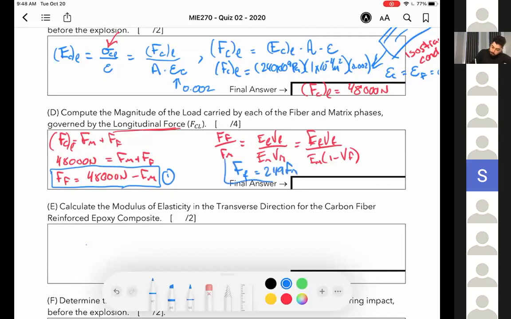That's what I was trying to write. It took me a long time to get there. That's equation number 2. Did everybody get that? Where did I get this equation from? That's another rule of mixture equation.